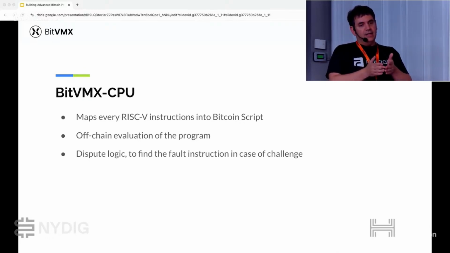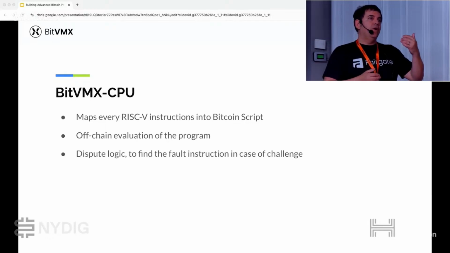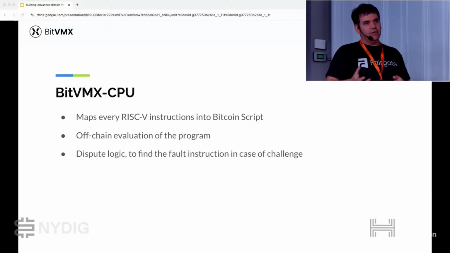And the idea here is that the only thing that we need to be executed on Bitcoin will be one of the opcodes of RISC-V, and for that we need to have all the RISC-V opcodes mapped into Bitcoin script. That's something that this module has also implemented.